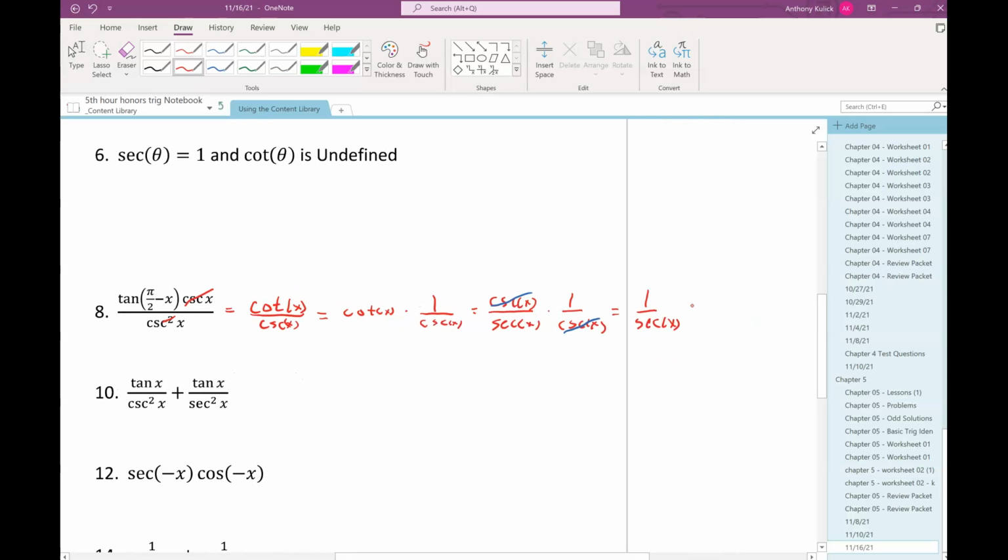And then I know that 1 over secant, I can use one of my reciprocal identities to rewrite that as cosine. And that's as far as we can go because we've got it to a single trig function.